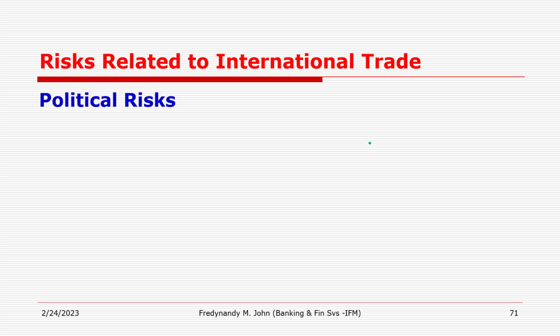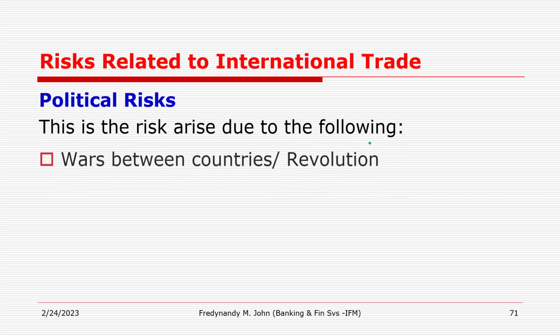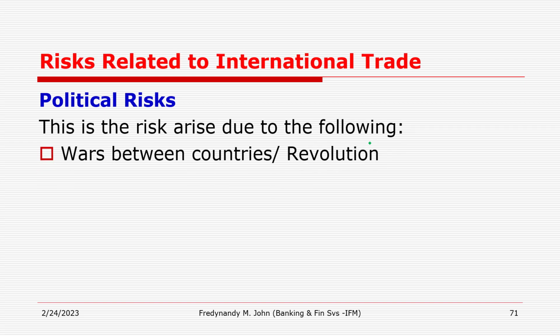Now, another risk is known as the political risk. This is the risk that may arise due to the following issues. Number one, wars between countries. For instance, as we speak, there is an ongoing war between Russia and Ukraine.